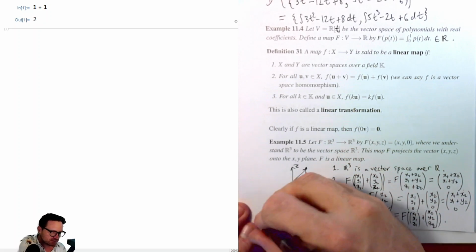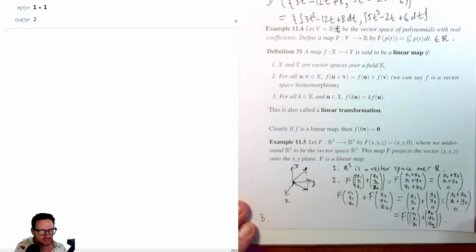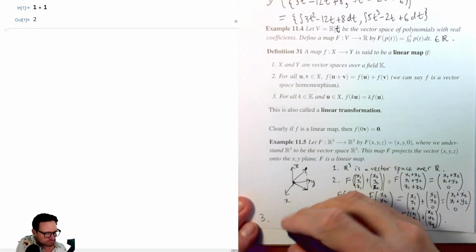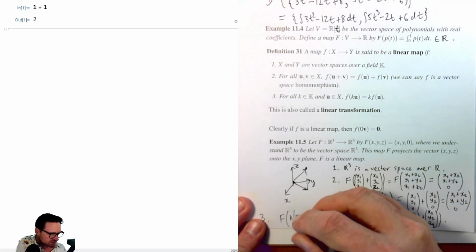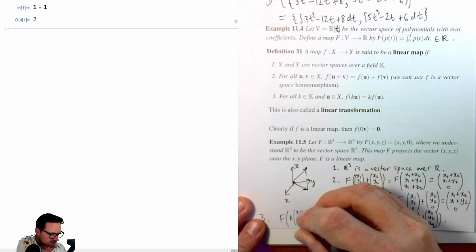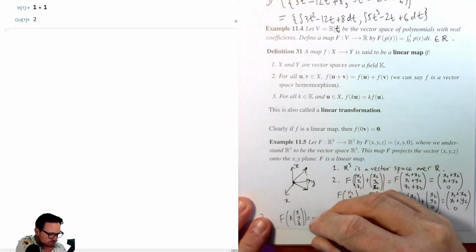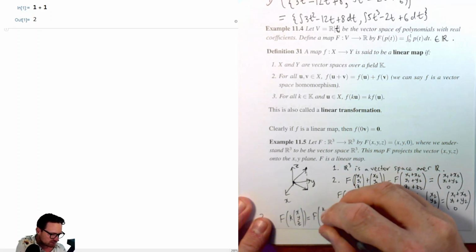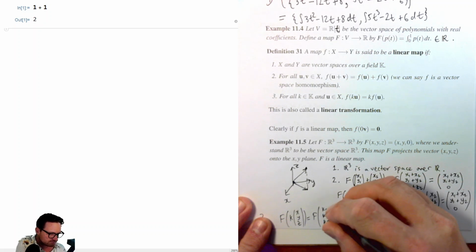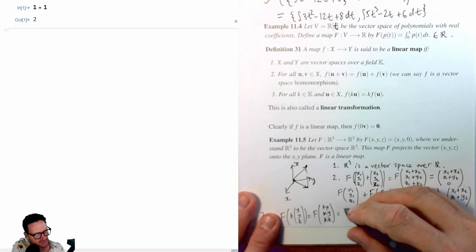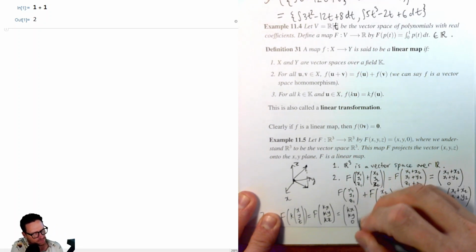Okay, now let's have a look at the third property. F of k times x, y, z is equal to f of kx, ky, kz, which is kx, ky, 0.